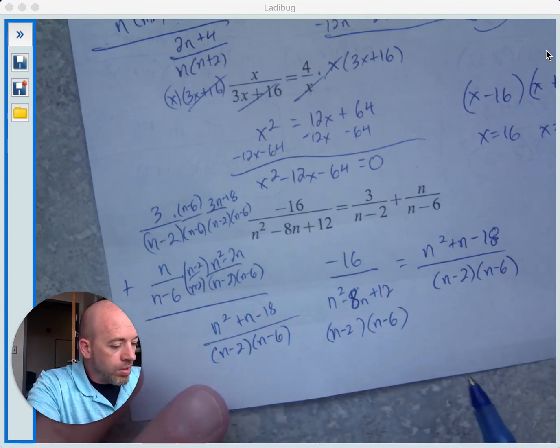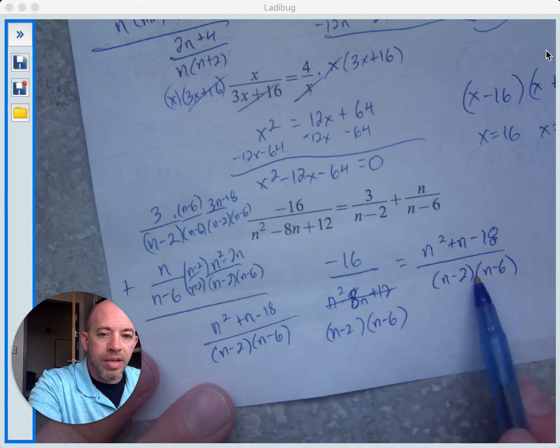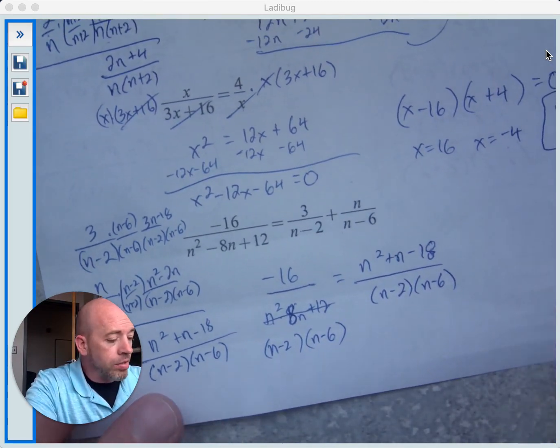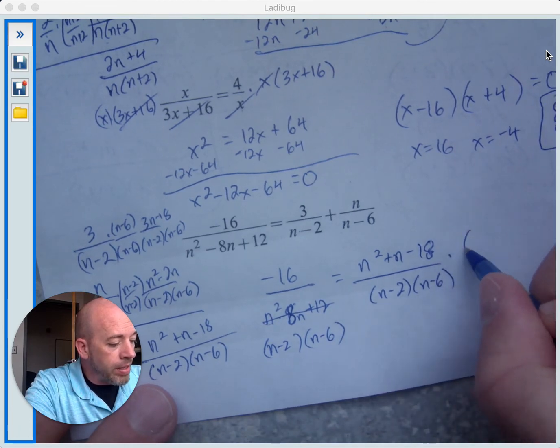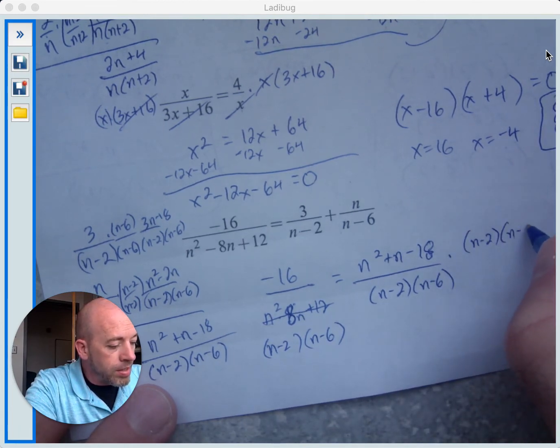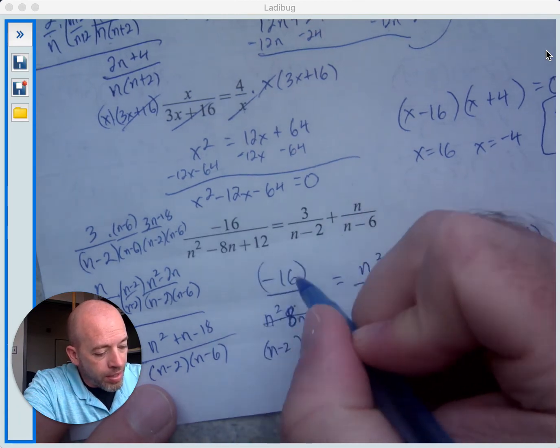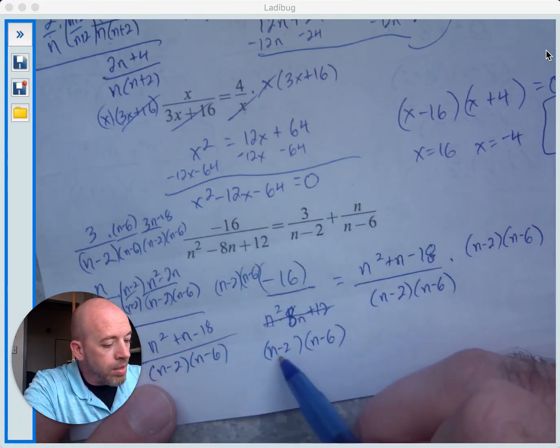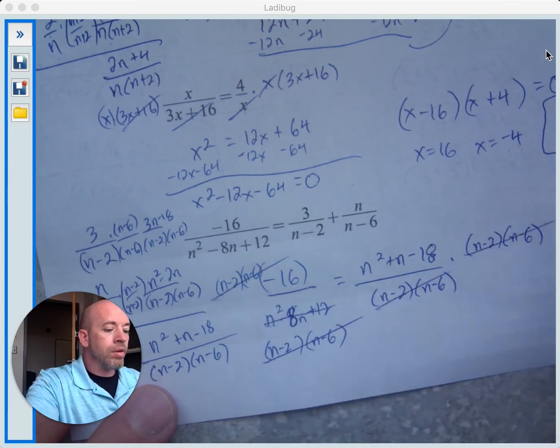So we have the same denominator on both sides now. So we just multiply both sides by that denominator, and then essentially they go away. We multiply by n minus 2 times n minus 6, and the denominators all go away.